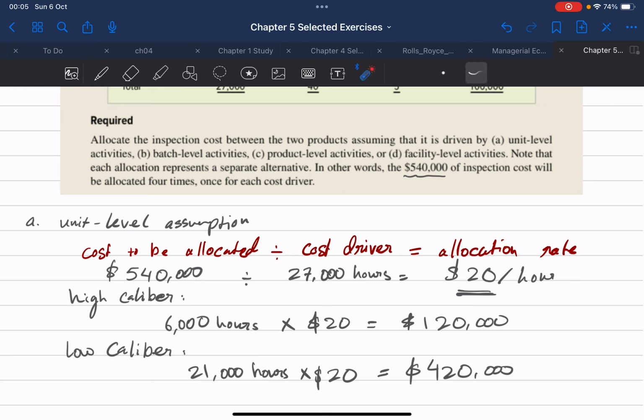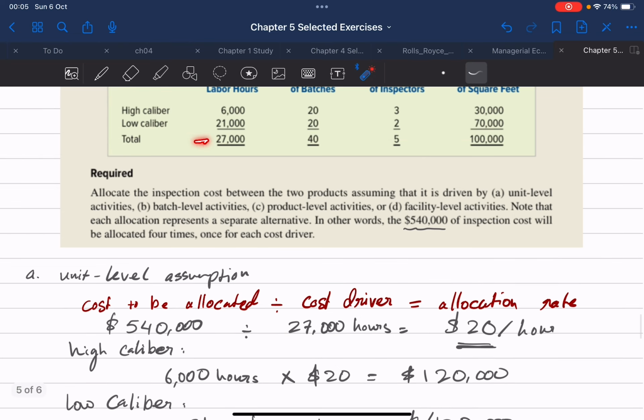This is how to do it. Now, I hope that it is clear what we've done here. All we've done is that we got the costs that we want to allocate, which was the 540,000. Determined that for a unit level assumption, we are going to use labor hours as our cost driver. So we got the total labor hours from the data here. Okay.